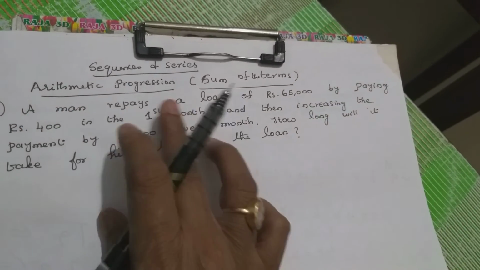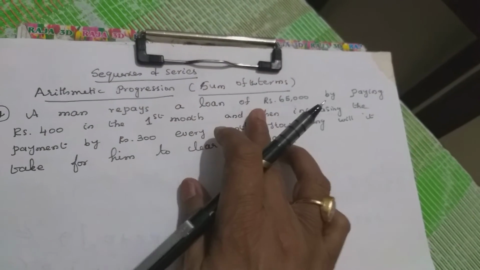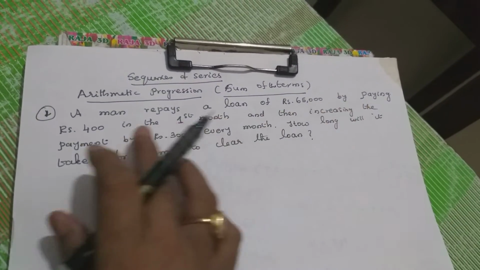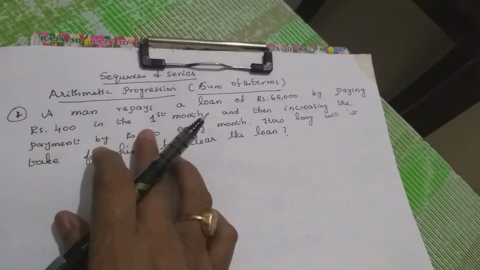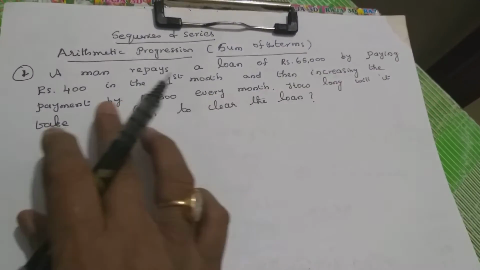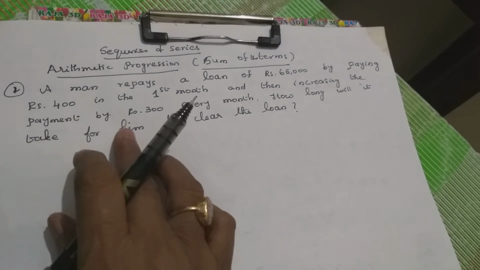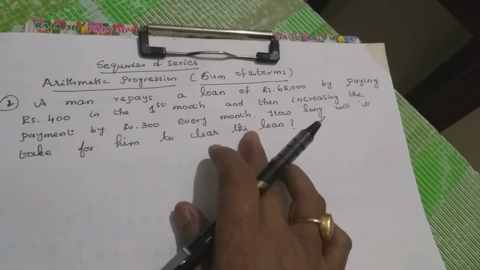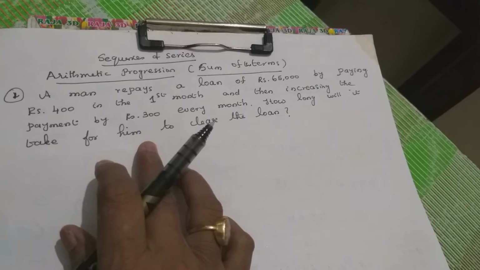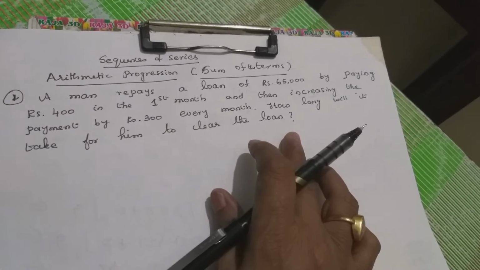A man repays a loan of rupees 65,000 by paying rupees 400 in the first month and then increasing the payment by rupees 300 every month. How long will it take for him to clear the loan?